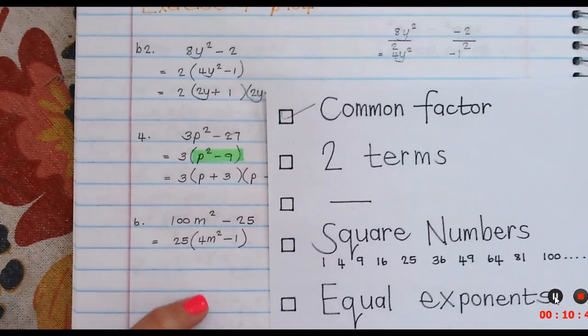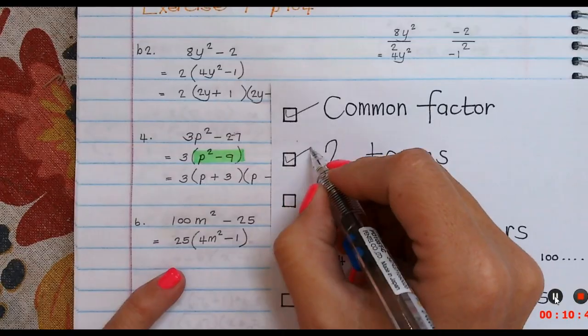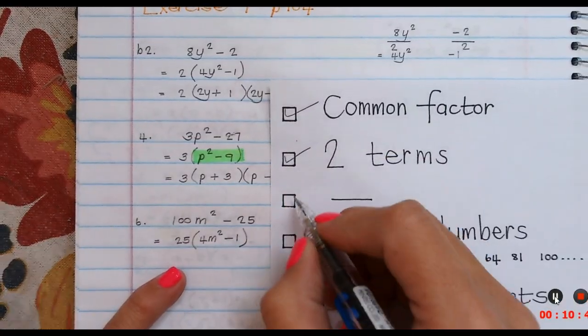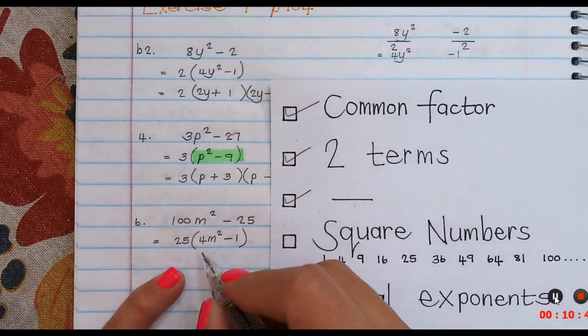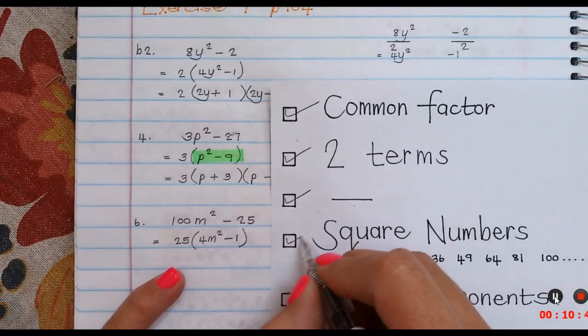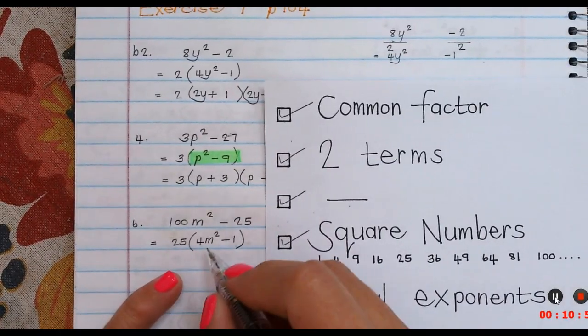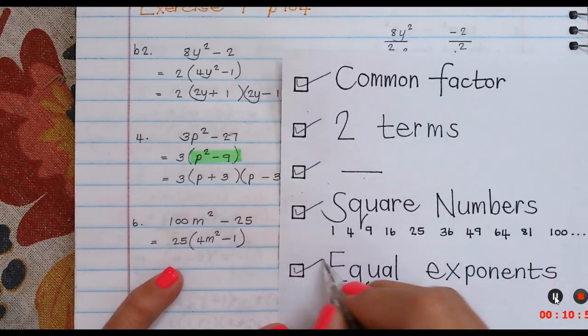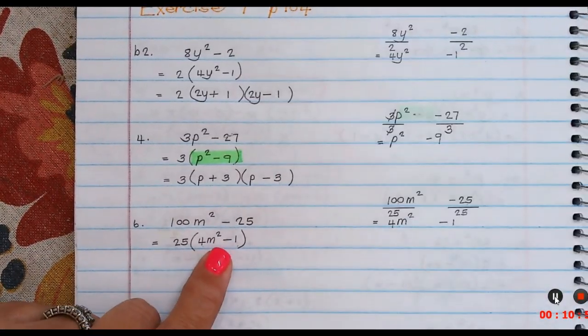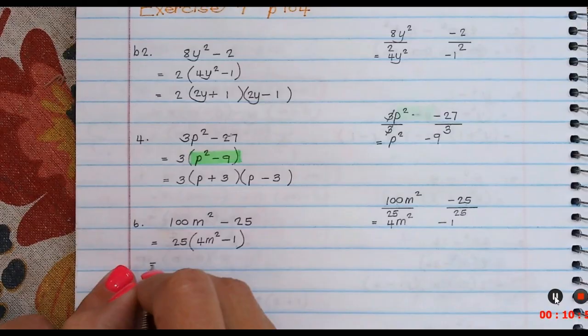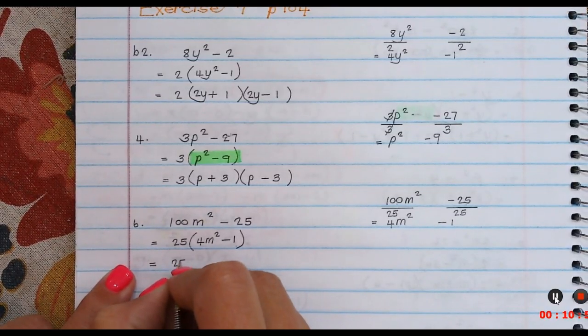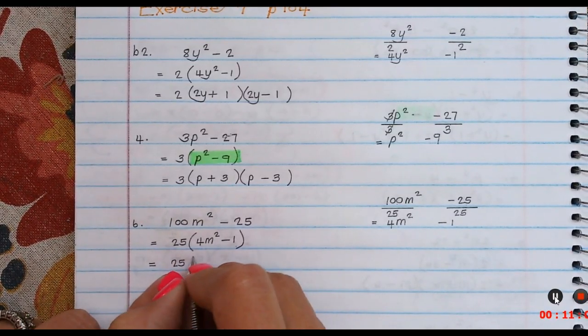Now I go back to my tick boxes and I see I do have two terms. There's a negative between them. 4 and 1, both square numbers. M squared, equal exponent. So this bracket can factorize to the difference in two squares.